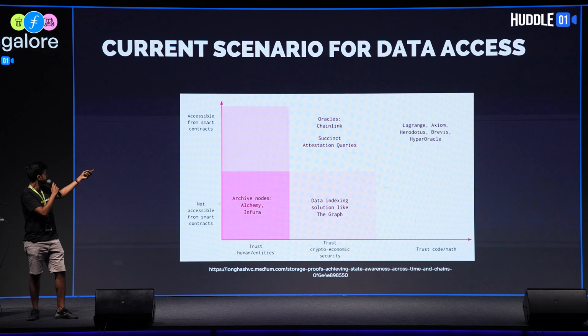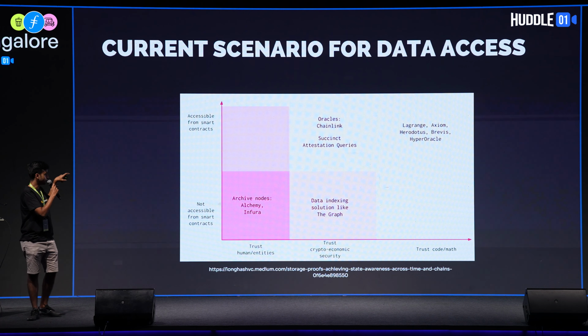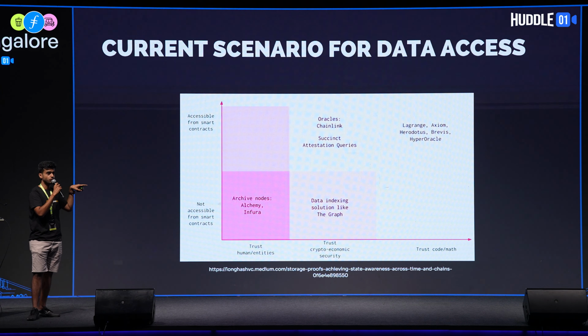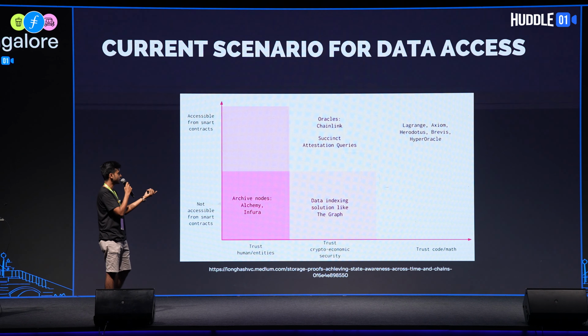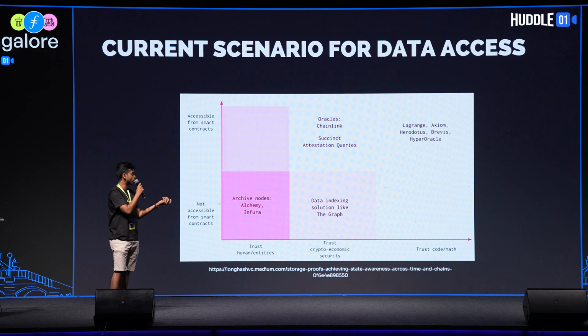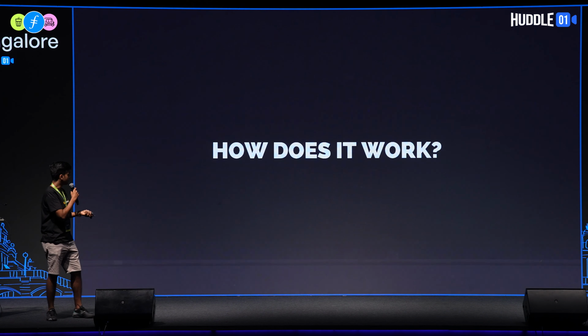The second option is that data can be accessed on-chain with Chainlink-based oracles, but we need to trust someone. There is no fully trustless environment. With storage proof mechanisms, we can remove that, using protocols like Herodotus, Axiom, and others.